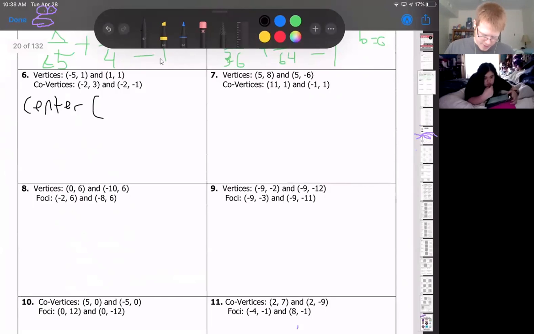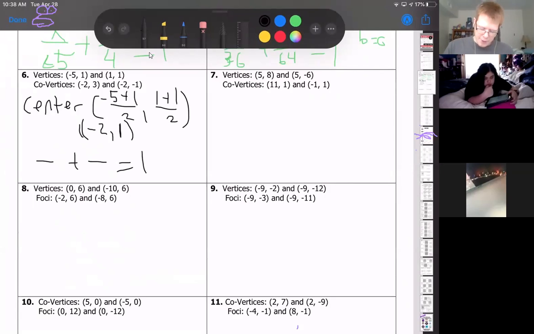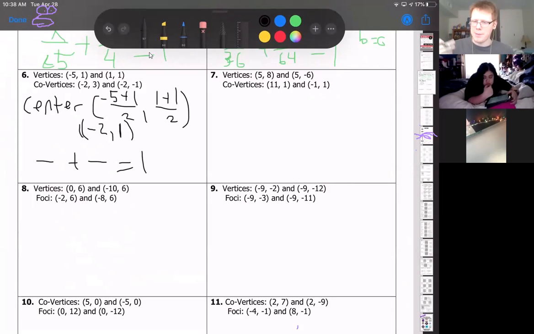So that's your center. So since we do have a center that's not 0, 0, we do have some extra nonsense, so we have to deal with that. So it's kind of like the opposite. So you would put x plus 2 squared, and then you would have y minus 1 squared.